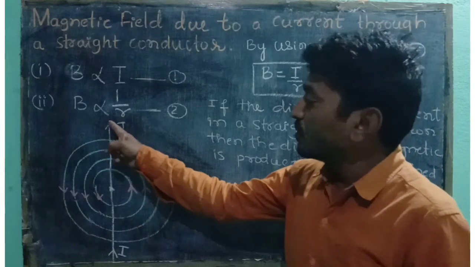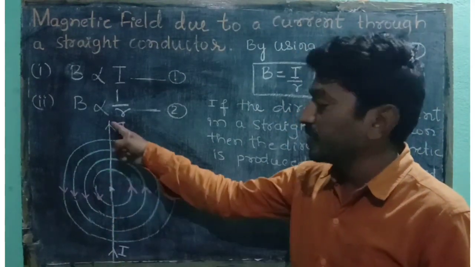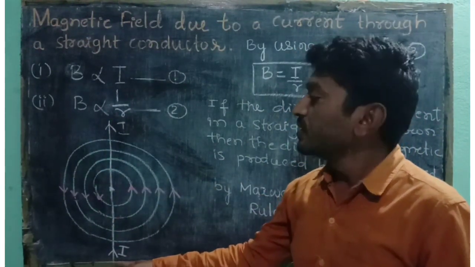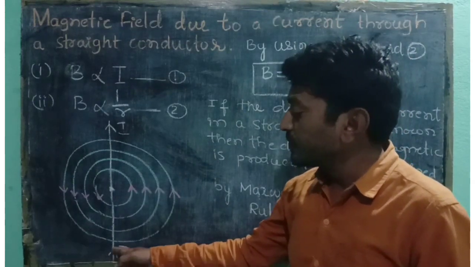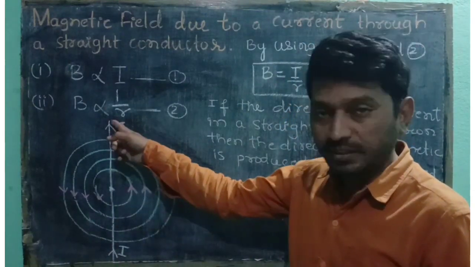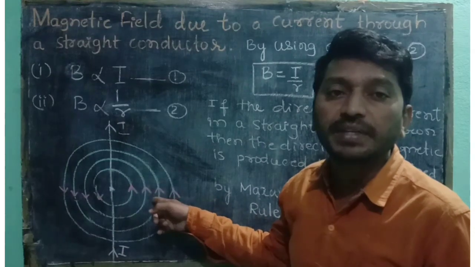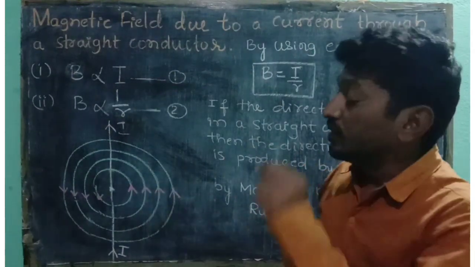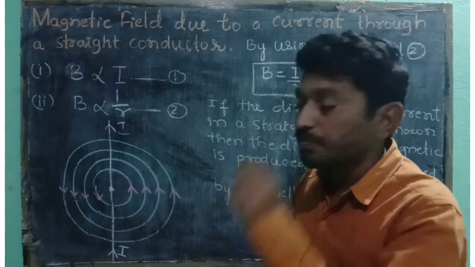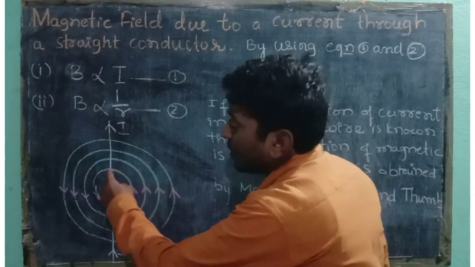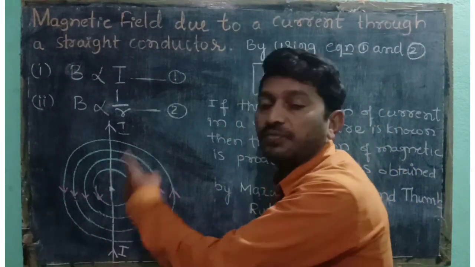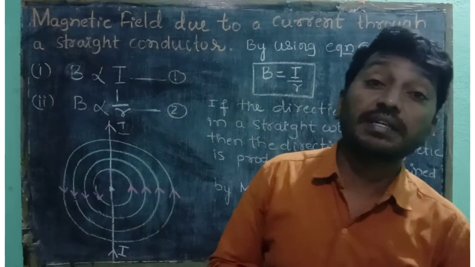Here I have taken one straight conductor. Okay, so here the current is flowing through the straight conductor, and a magnetic field is produced. The magnetic field is produced in the form of concentric circles.